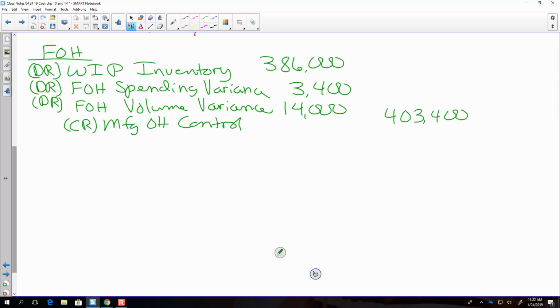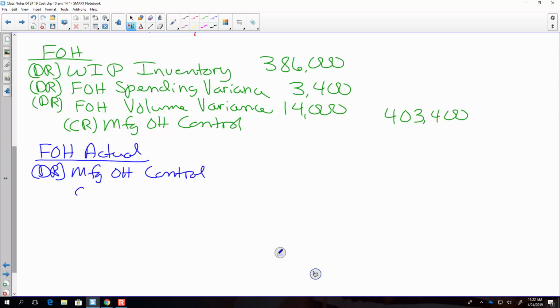And this too, obviously, there's an actual entry for fixed overhead, which is going to be, again, a debit to the manufacturing control. And then all the credits.